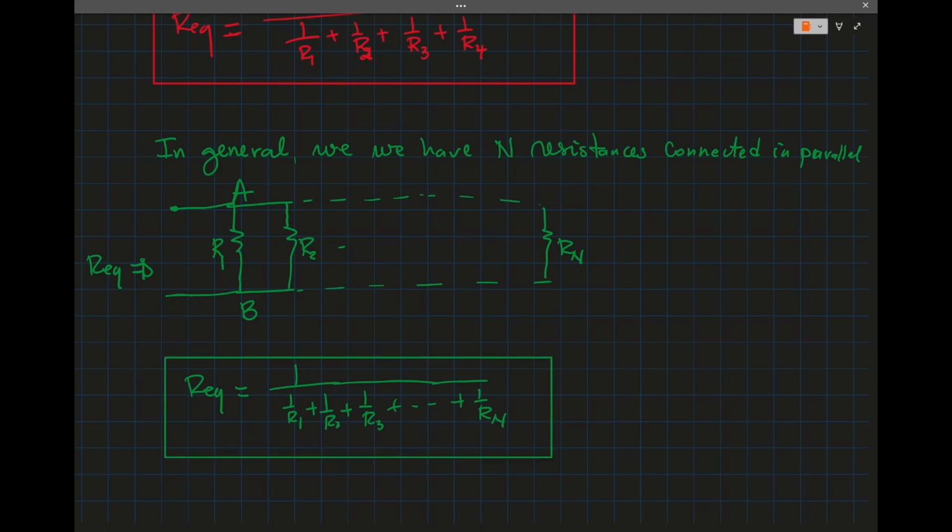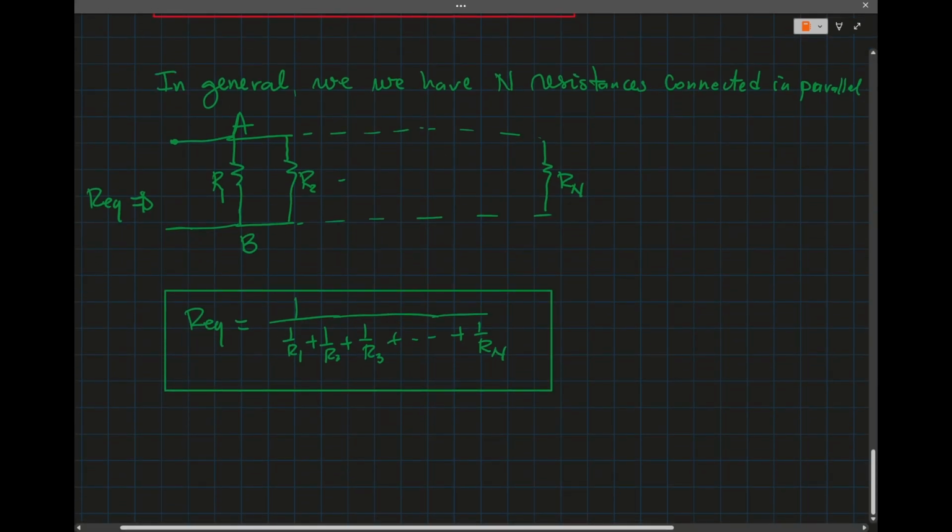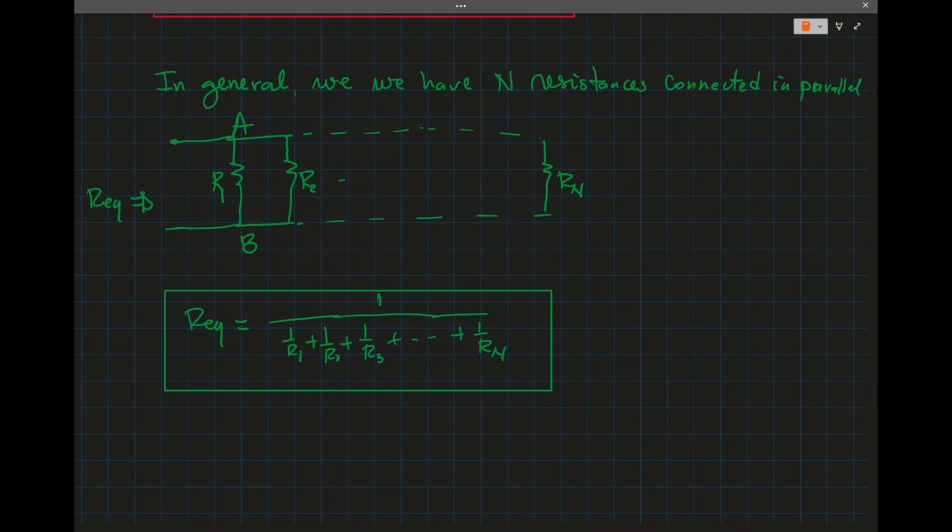So when we have n resistances connected in parallel, this is how we calculate the total resistance, or the equivalent resistance.